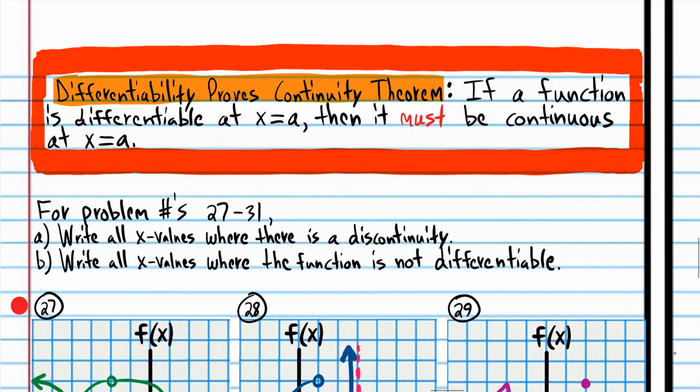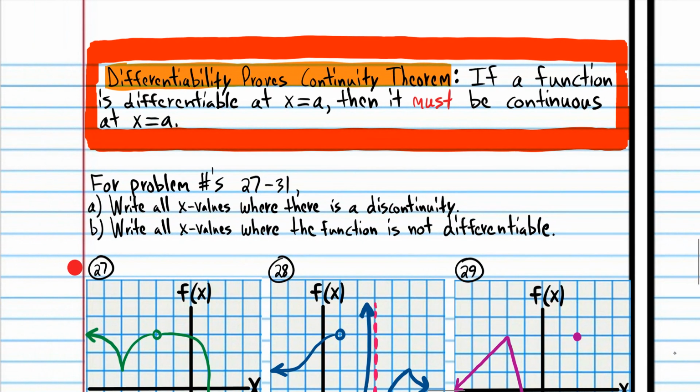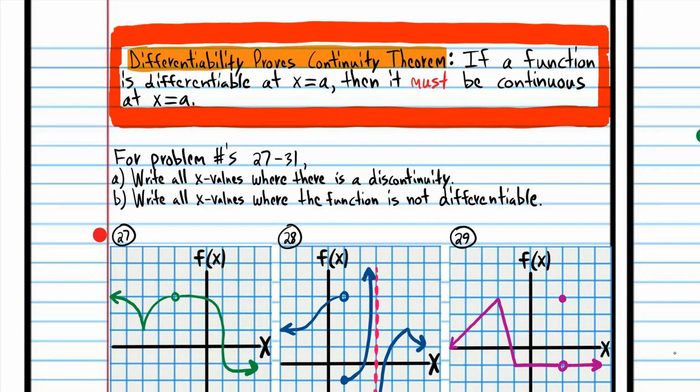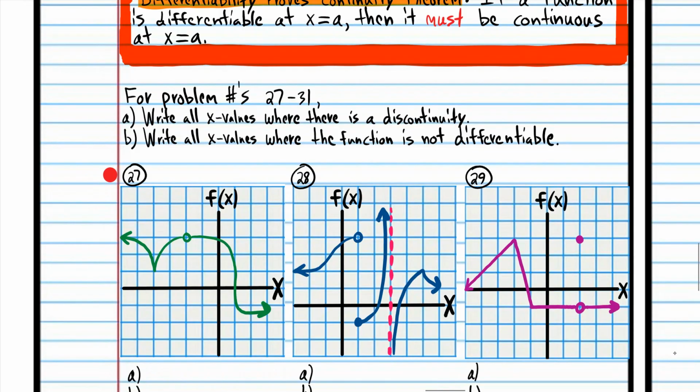But if we know that a function is differentiable on some interval or some x value, then that actually does prove that it is continuous. I know that these things are kind of confusing to think about, but this is going to be important when it comes to the concepts that you're going to use when taking the Advanced Placement exam, and also some problems possibly in this curriculum. So now we're going to get some practice with these concepts.